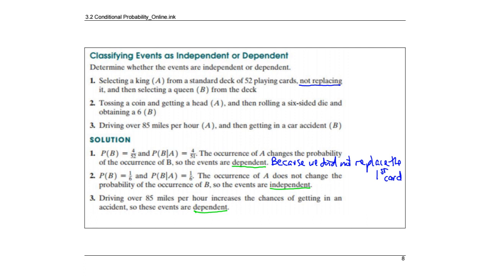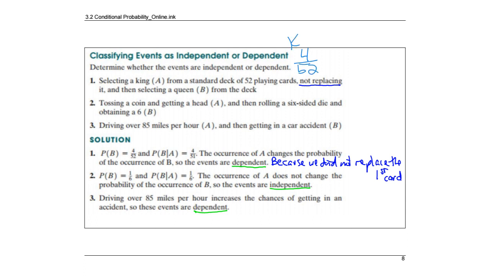Okay, so let's look at some examples for independent and dependent. Makes more sense. So the first one is selecting a king from a standard deck of 52 playing cards, not replacing it, and then selecting a queen from that same deck. All right, so what happens is when we pick a king, there are 4 kings out of 52 cards.